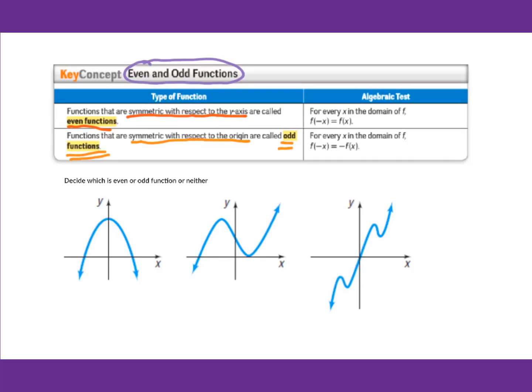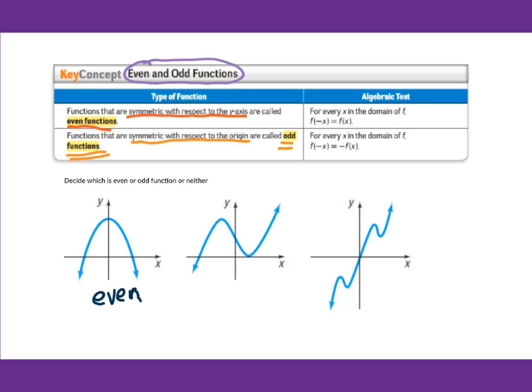Therefore, according to this definition, we can decide whether the following graphs of functions are even or odd. For the first graph, since it's symmetric across the y-axis, this is an even function.